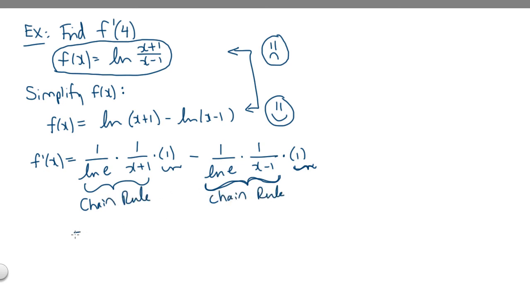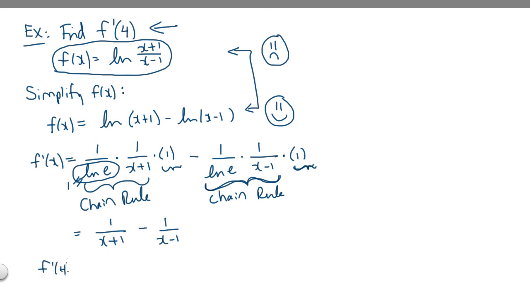Okay, and then we can simplify a little bit. Remember that ln of e is just 1. So we're really looking at 1 over (x plus 1) minus 1 over (x minus 1). Now I wouldn't do too much more simplifying than that because we are going to plug in a value here. Remember the question was asking for f prime of 4.